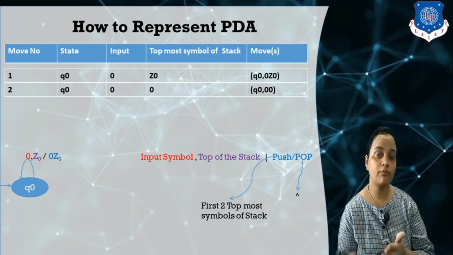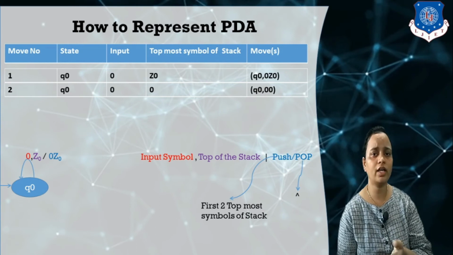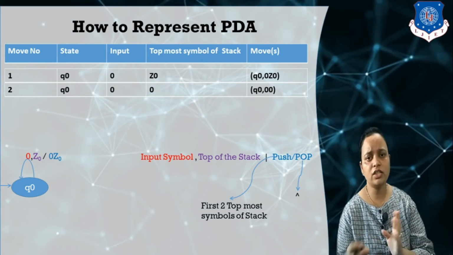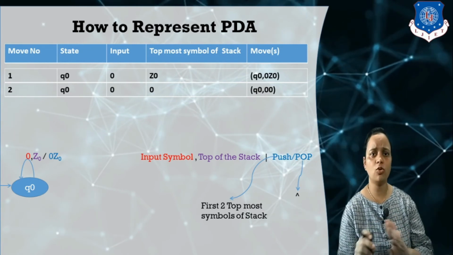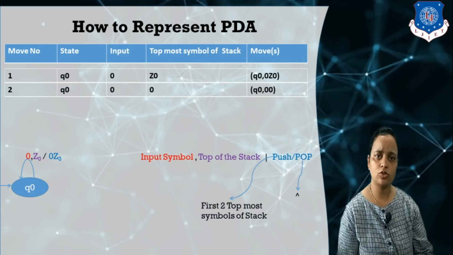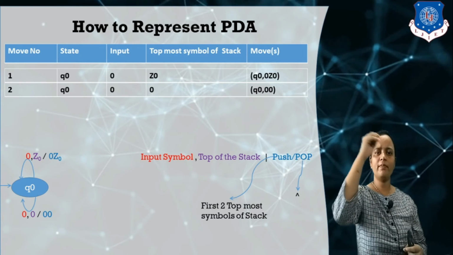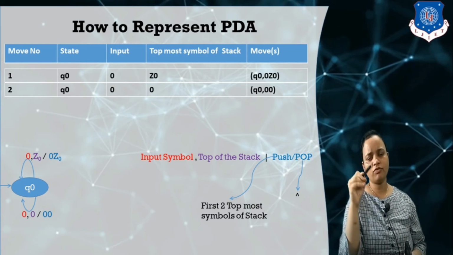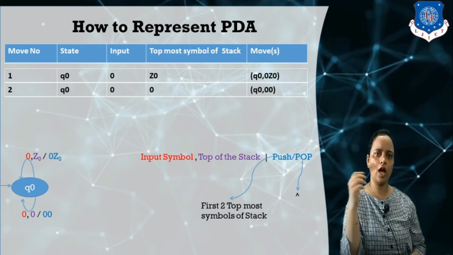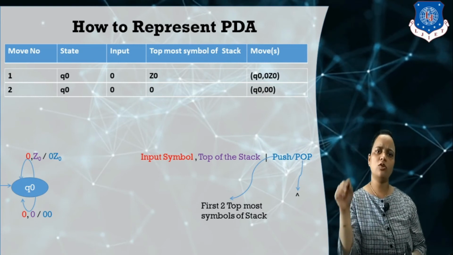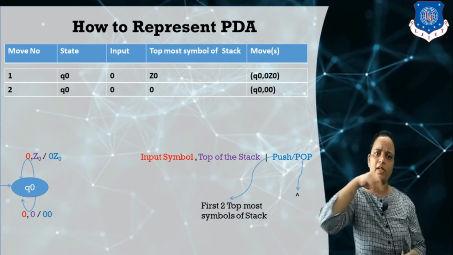Do we need to change the state for this push? No, so we use the self loop. This self loop can be repeated 0 or more times, according to the number of zeros that appear.